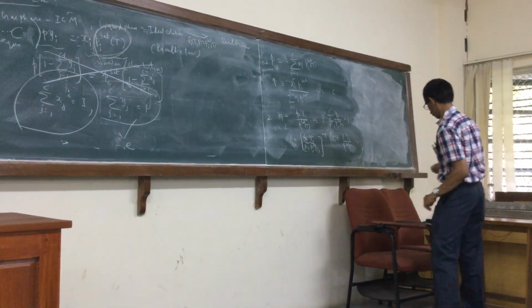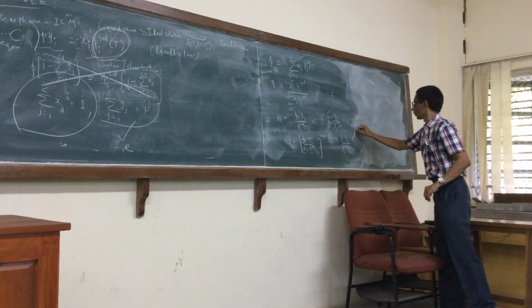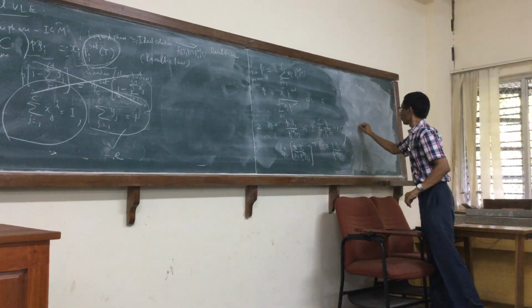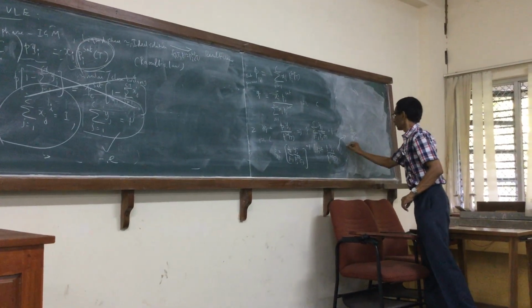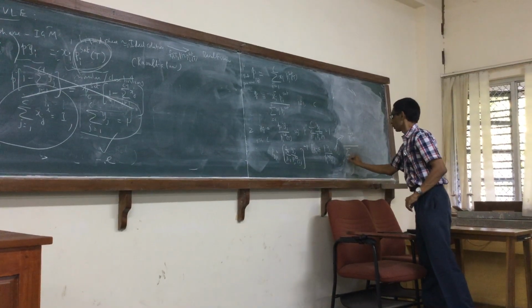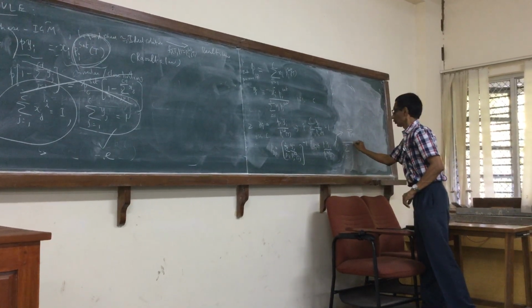Right, so this will now look like yi by Pi sat divided by the sum over k equal to 1 to C of yj.